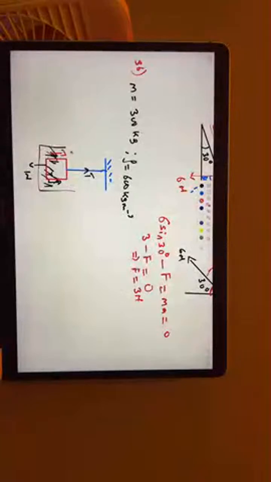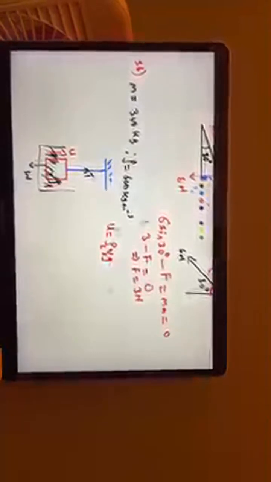Upthrust will always act upward. I've given you the formula to find upthrust earlier. I told you that upthrust is rho Vg. Rho has to be the rho of the liquid, then volume has to be the volume of the substance that was immersed. And g, you know what your g is already.